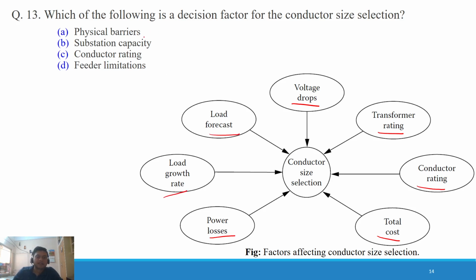Physical barriers are not a decision factor for conductor size selection. Substation capacity also does not come under this. Conductor rating, of course, is a decision factor for the conductor size selection, and feeder limitation is not a decision factor. The correct option will be C, that is conductor rating, which is a decision factor for the conductor size selection.